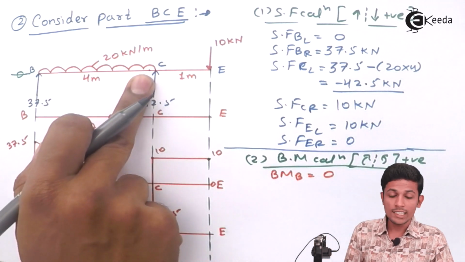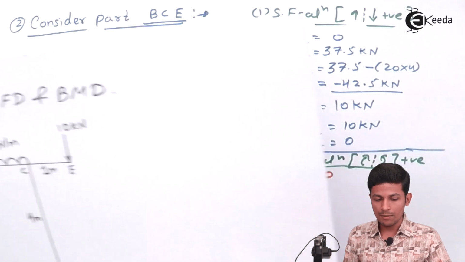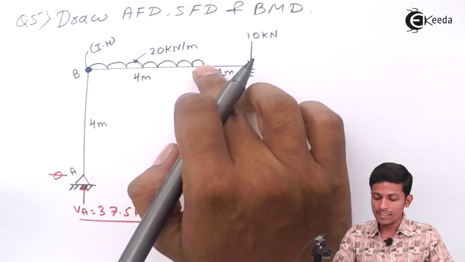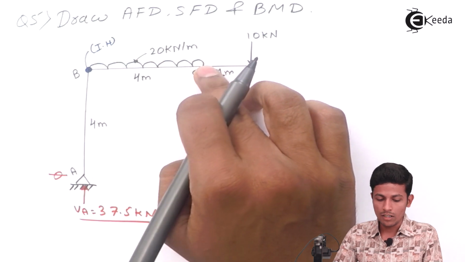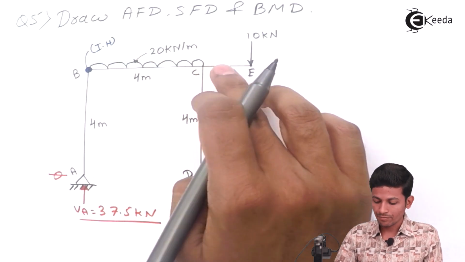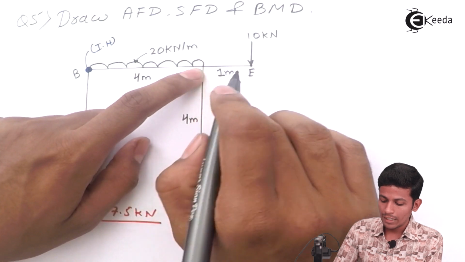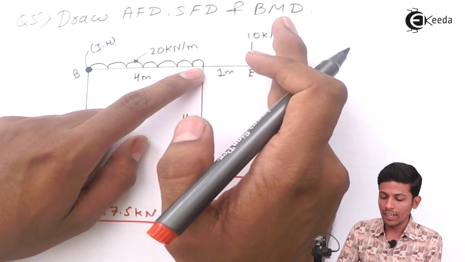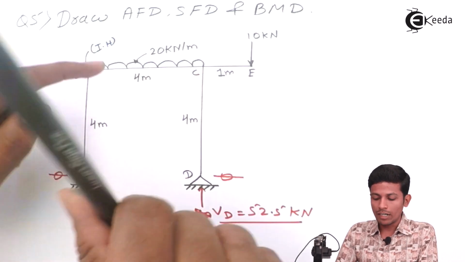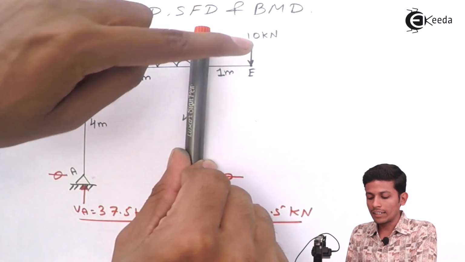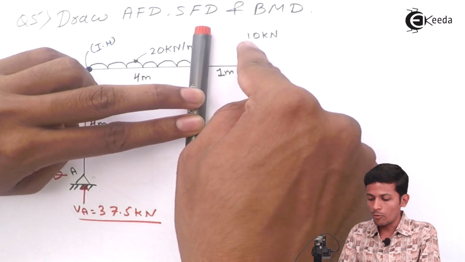Now what about the C? Bending moment at C, either you can take this side or you can take this side. For bending moment at C we are taking this side. Why? Because this is only one load. From the other side there are two loads. We are taking the section over here and we are taking this side. So how will this 10 rotate?